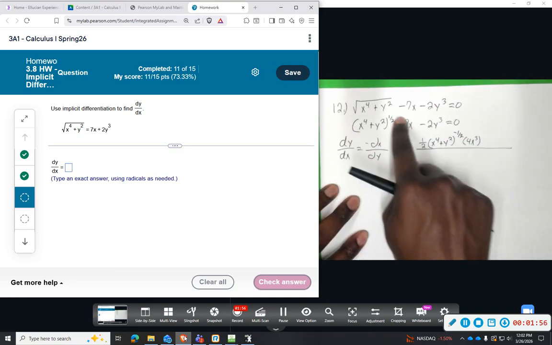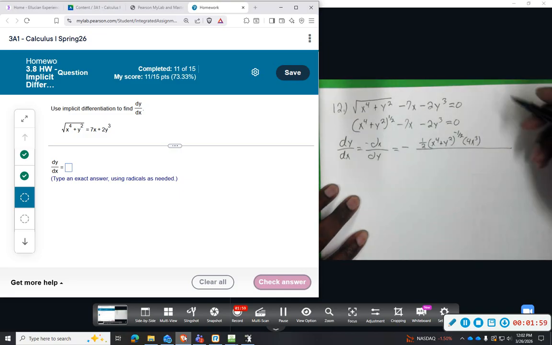Alright, so that's the first part. Derivative of negative 7x will just give me a minus 7. And then that will be 0.